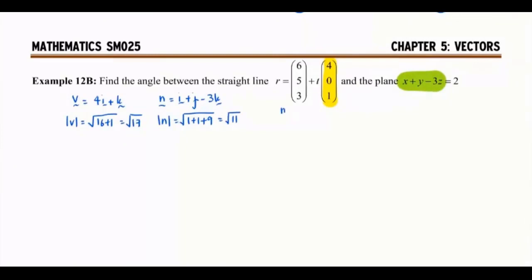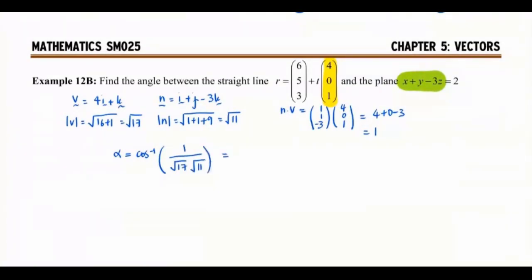Okay, so the dot product, we're gonna have 4, 0, 1, so 4 plus 0 minus 3, we get 1. So your alpha will be equal to inverse cos of 1 over magnitude V, square root 17, square root 11.